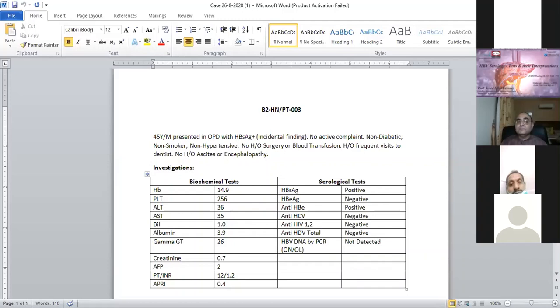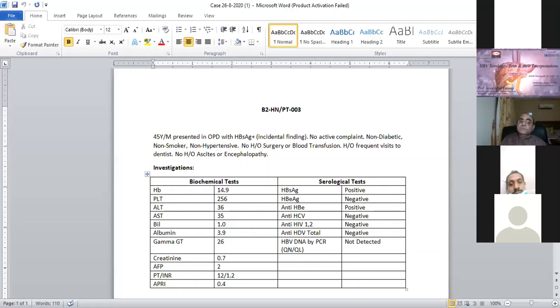His lab investigations are as given below. Hb was 14.9, platelet 256, ALT 36, and AST 35. Bilirubin was 1, and albumin was 3.9, gamma GT 26, and creatinine was 0.7. His AFP was 2, and PT INR was 1.2.